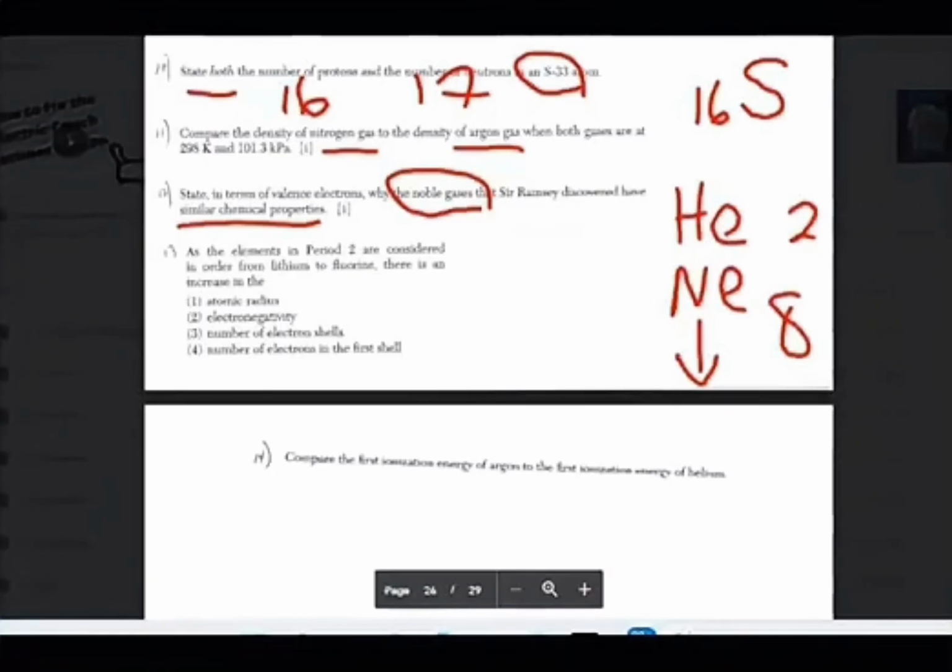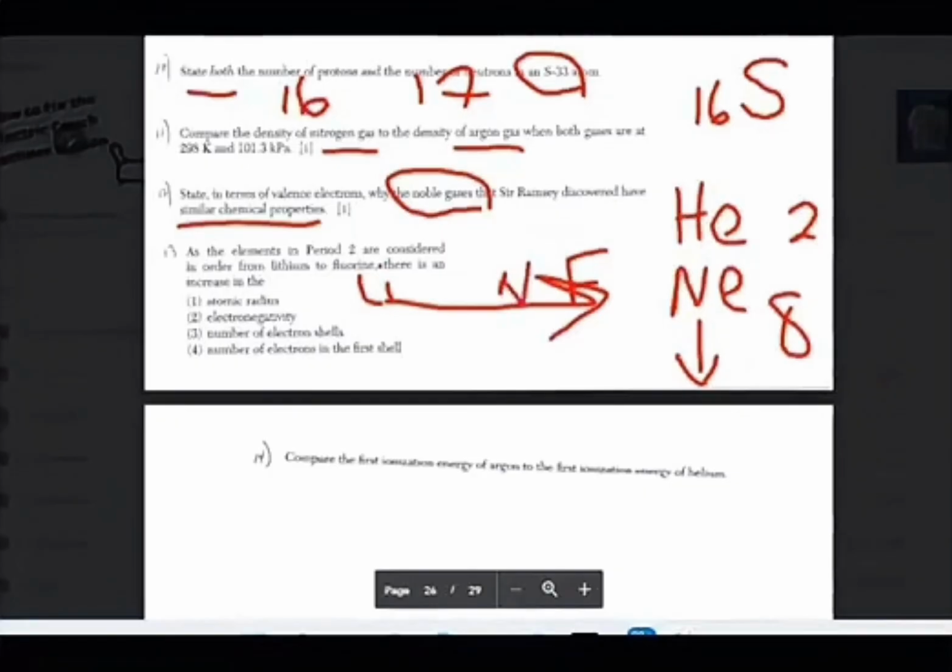As the elements in period 2 are considered in order from lithium to fluorine, there is an increase in. So lithium to fluorine means we're going across the table. Now, what you can do is you can just pick a couple of elements, maybe lithium, which is Li. You got your fluorine. Maybe do, I don't know, maybe nitrogen in the middle.